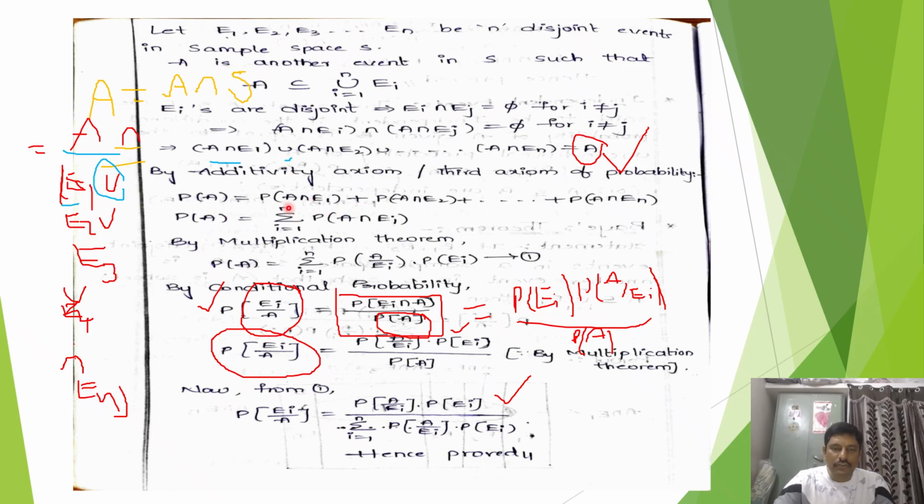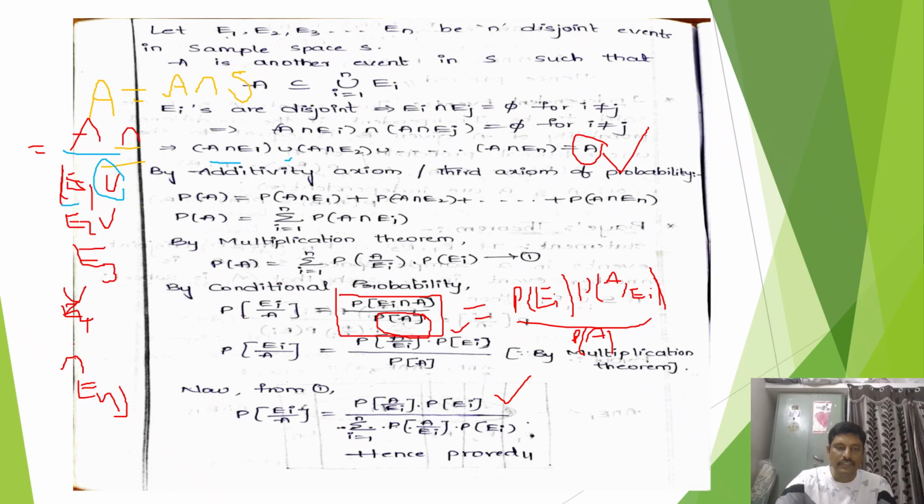P of A is equal to P of A intersection E1 plus P of A intersection E2, so on, plus P of A intersection En. So in sigma notation, because all these events go up to n, we can write sigma i equal to 1 to n P of A intersection Ei. Clear? Up to this step, I think it is clear.